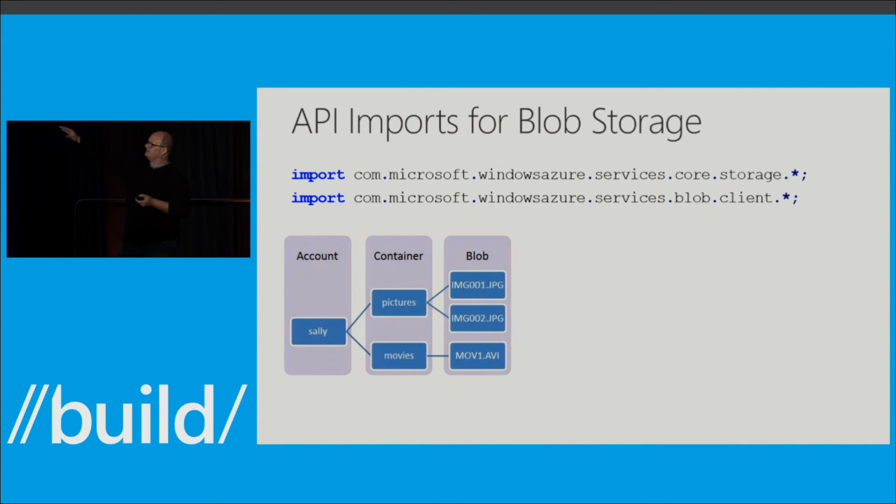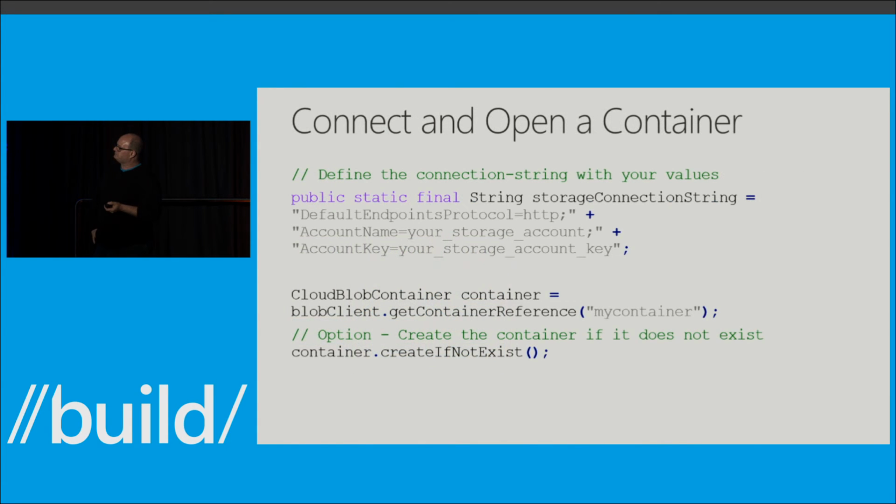Now this is the Java code for accessing a blob and basically listing all of the items in a blob. So here's how we start. You import these two packages, and then you create a string, which is a storage connection string, that points to the account, your account name and everything you get from the dashboard.